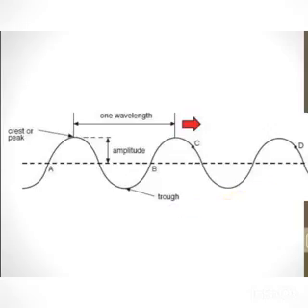Come towards this picture. First of all, note that this horizontal dotted line shows the rest position of the wave. From this rest position, the highest point of the wave is this one, known as the crest or peak of the wave.